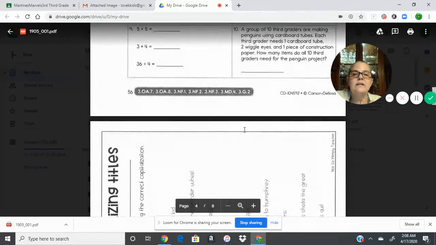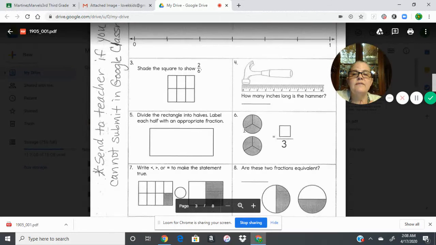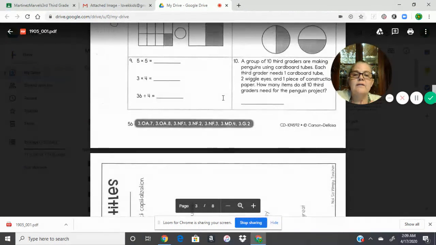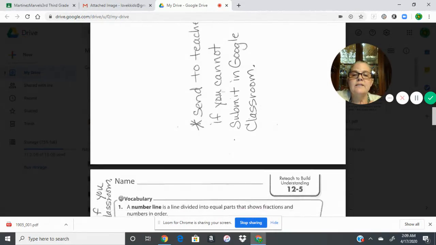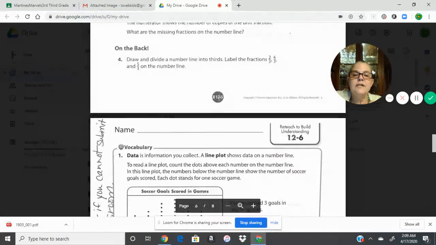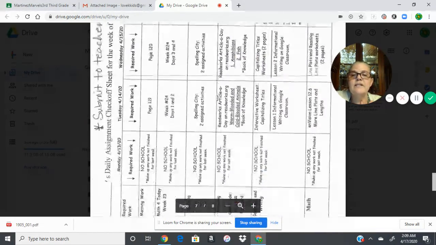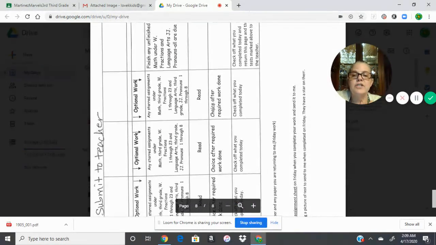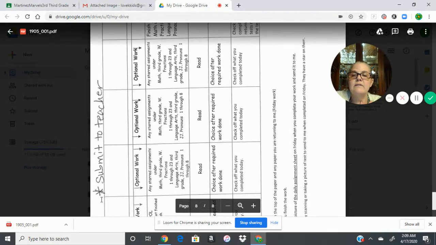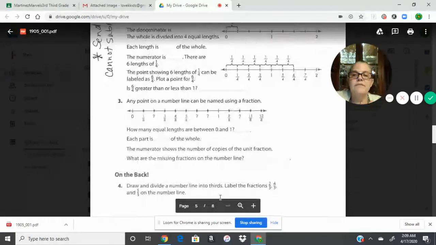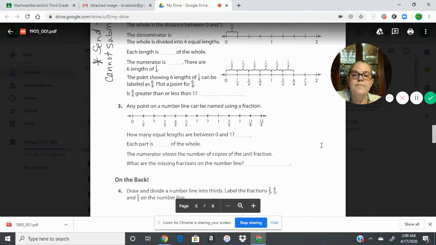So the last 6 pages in the attachment today, I would need back. Math for Today test, grammar test, our 2 Envision tests. So I'm going to go over those in Google Classroom. And then the last thing would be your daily checkoff sheet would need to be with the things marked off. So the last 6 pages of the attachments for Friday would need to come back to me if you don't do them in Google Classroom.